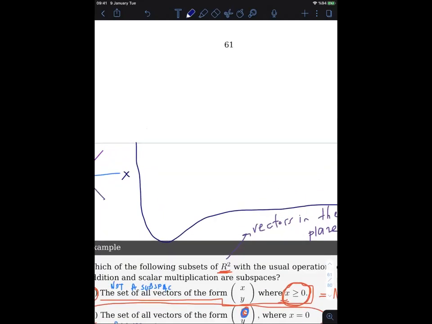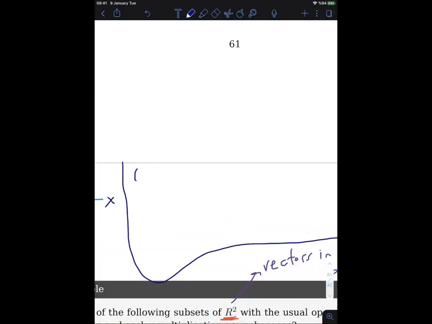We have to check two properties, right? Property A says: take two such vectors, a, b, a plus b, and take another one, say c, d, c plus d, and add them. Is the result of the same form? If I add these, I get a plus c, b plus d, and a plus c plus b plus d.